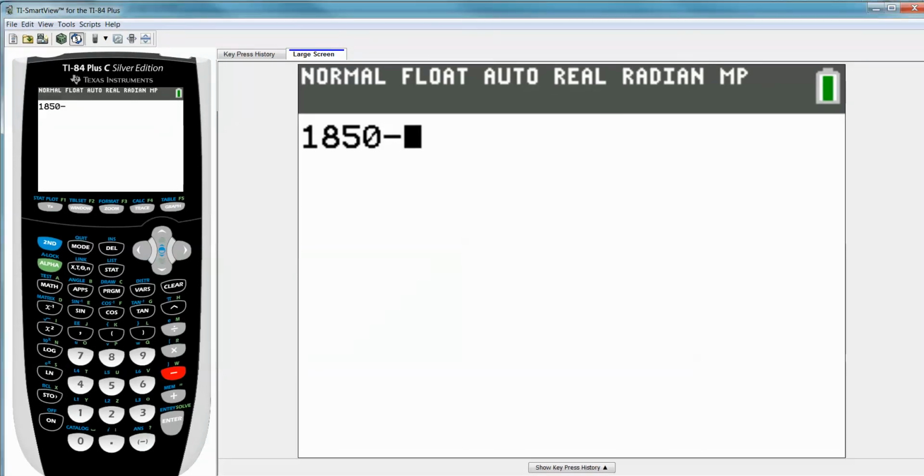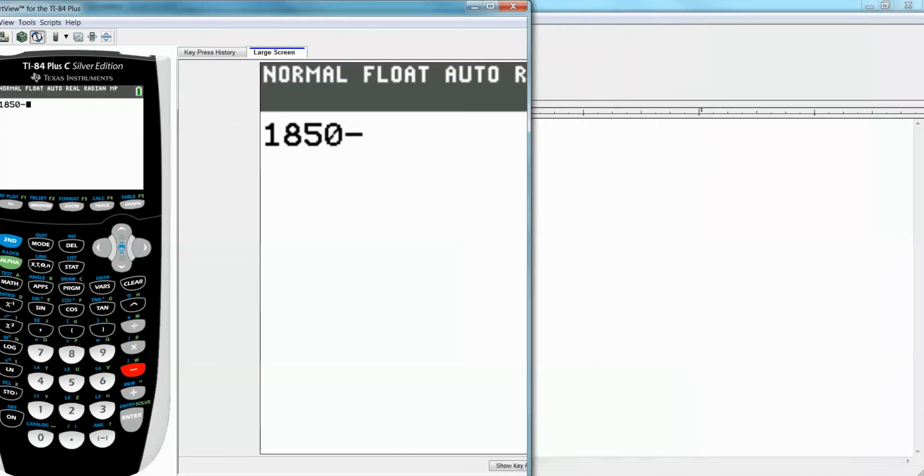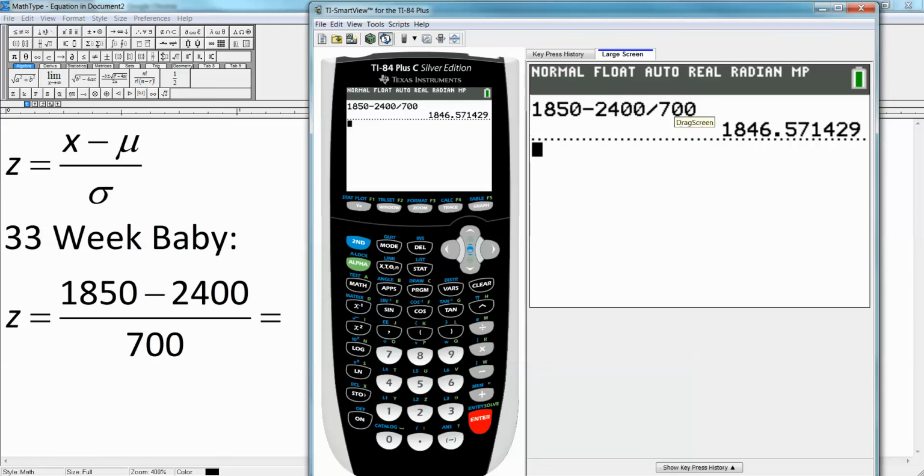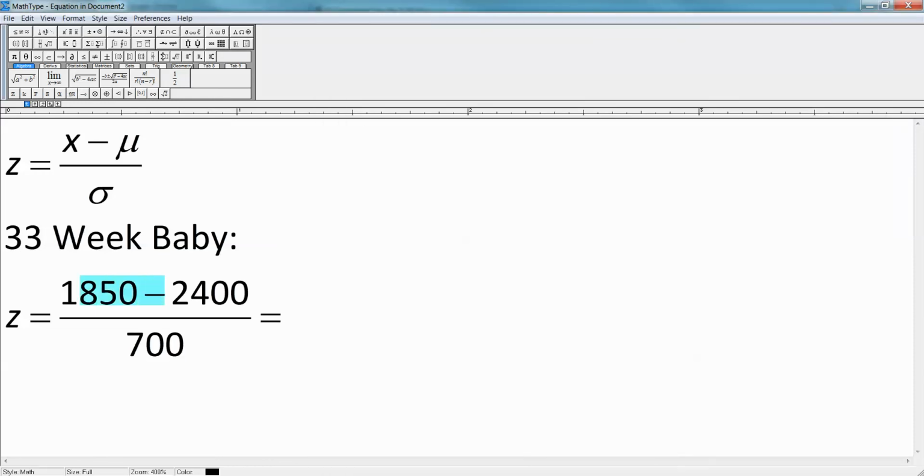Because it's going to take 2,400 and divide it by 700, and then subtract that from 1,850. But the order of operations that you learn in pre-algebra says that you have to do grouping symbols like parentheses before you can do division. So you have to find what this numerator is first and then divide it by 700.